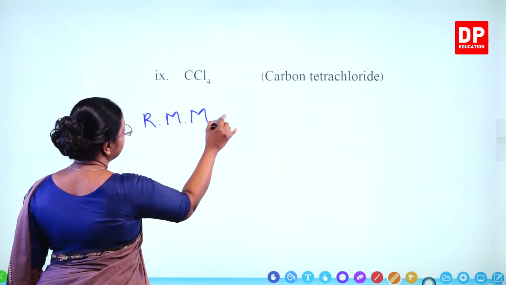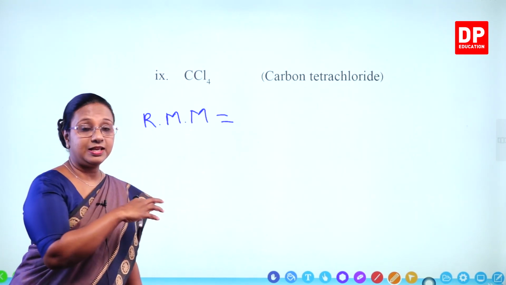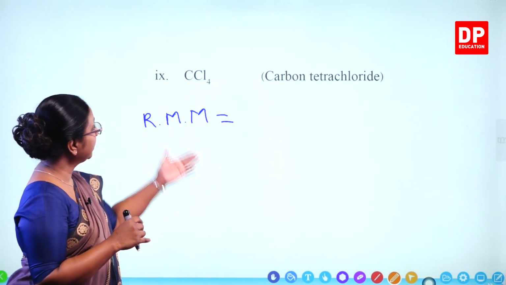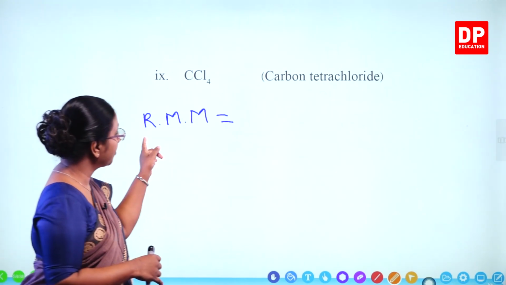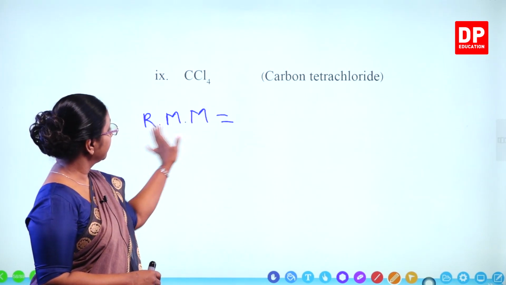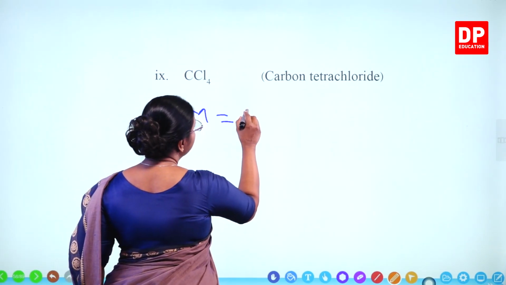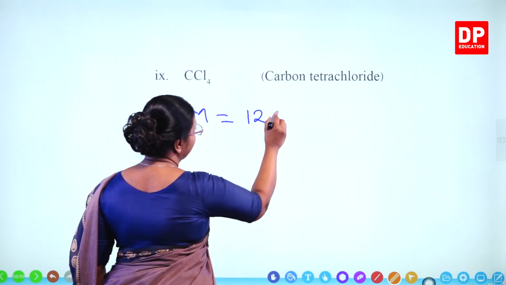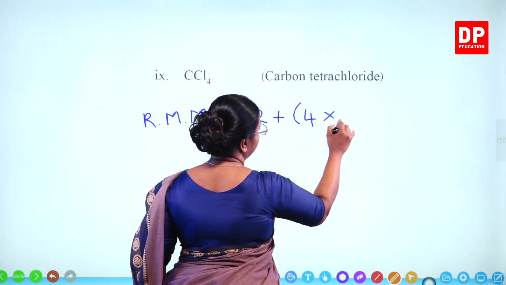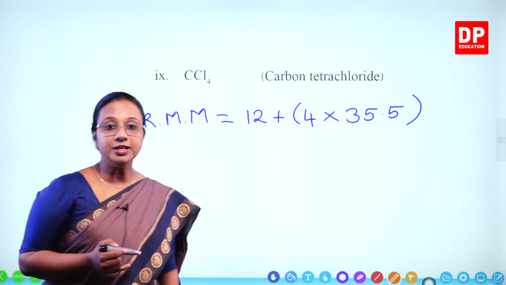RMM. Normally students, if it is just one question, you will be writing it as relative molecular mass of carbon tetrachloride and doing it. But here we are practicing, so I am not going to rewrite the name of the compound. I just give the abbreviation RMM and do the calculation. So carbon, relative atomic mass 12, there is only 1 carbon, but there are 4 chlorines and the relative atomic mass of chlorine is 35.5.